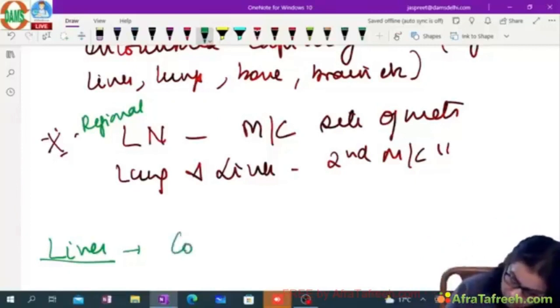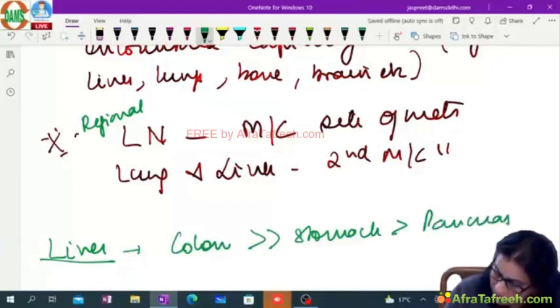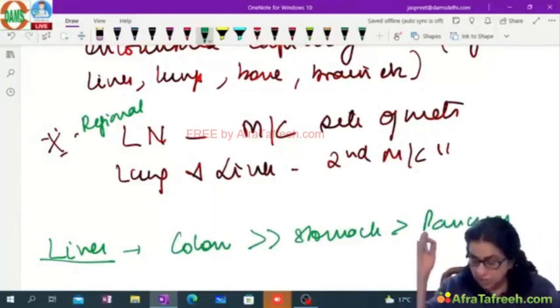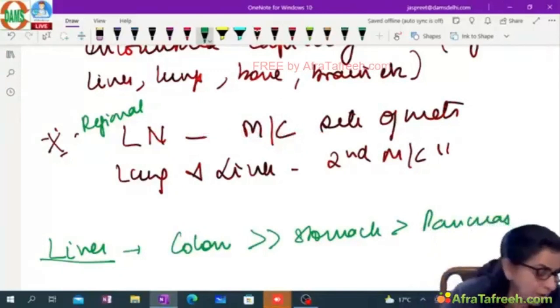In the liver, most commonly colon cancer, followed by stomach, followed by pancreas. So if you have a liver mets, think of the primary tumor in the colon, stomach or pancreas.